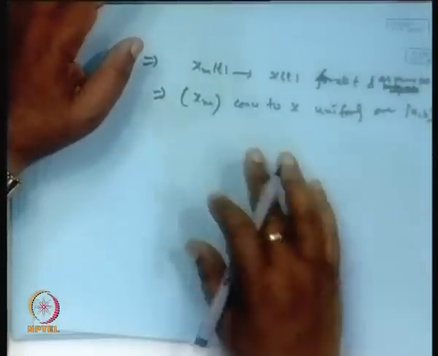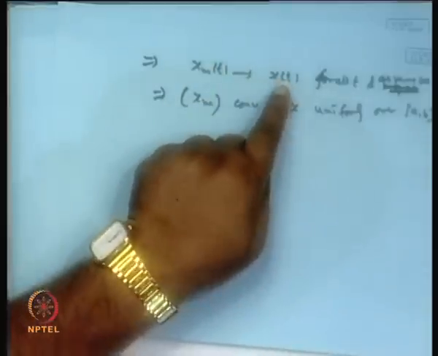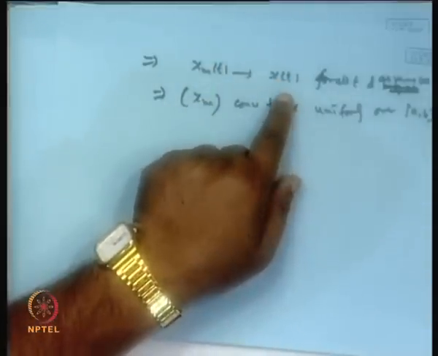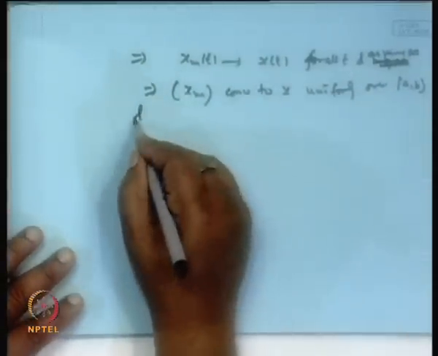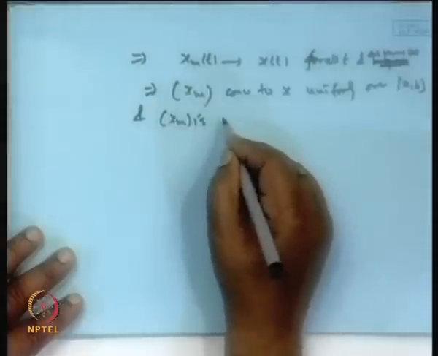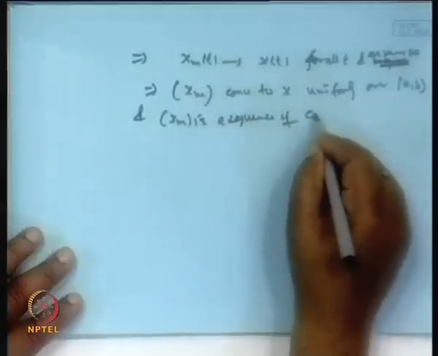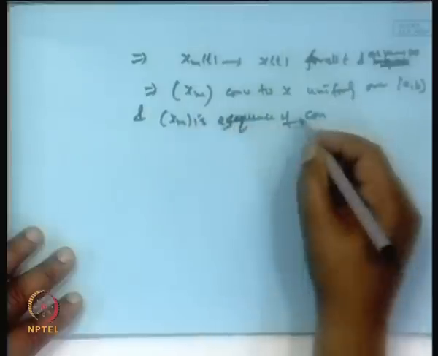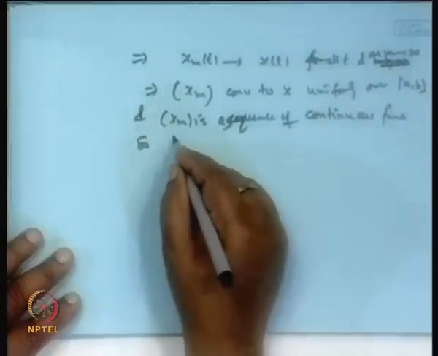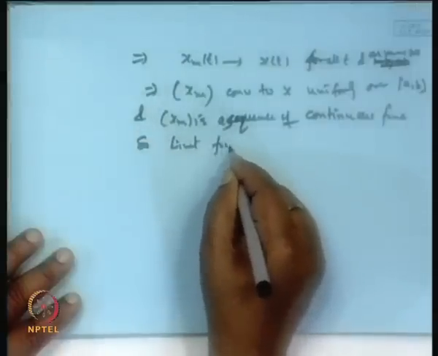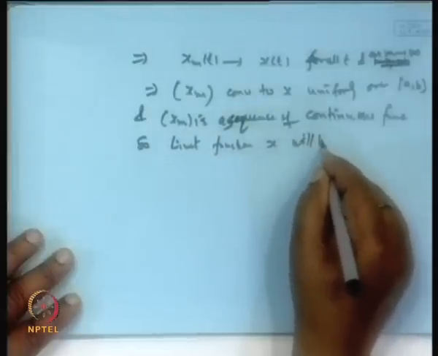Now, there is a result: if x_n is a sequence of continuous functions and it converges uniformly, then the limit has to be a continuous function. So, x_m converges to x uniformly and x_m is a sequence of continuous functions, so the limit function x will be continuous.